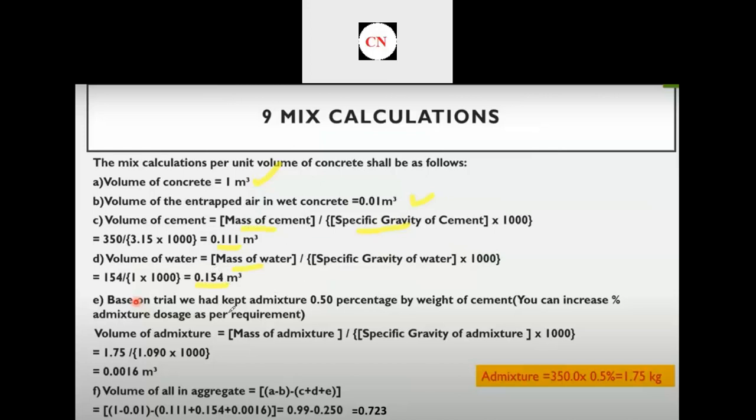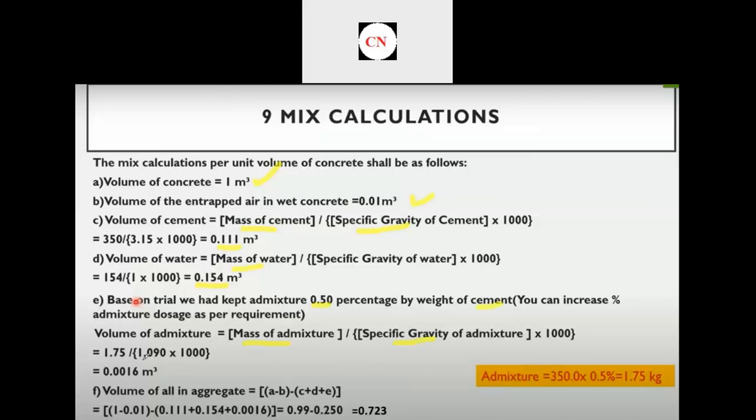Assume for the trial 0.5% by weight of the cement of superplasticizer or admixture. The volume of the admixture is the mass of the admixture divided by the specific gravity of that admixture into 1 by 1000.